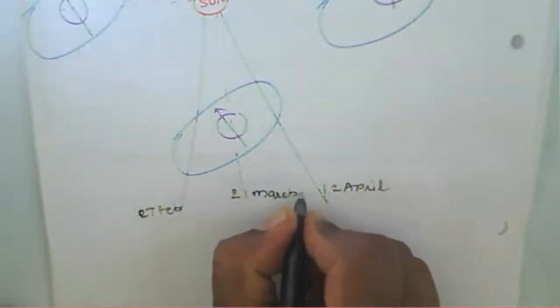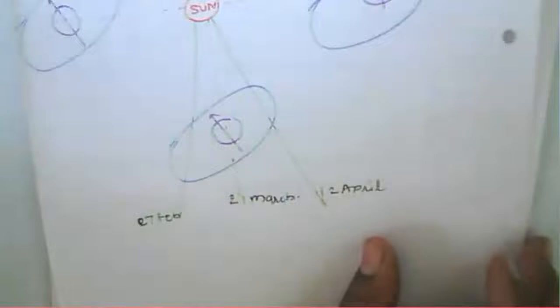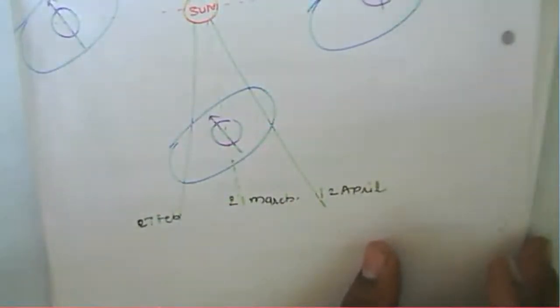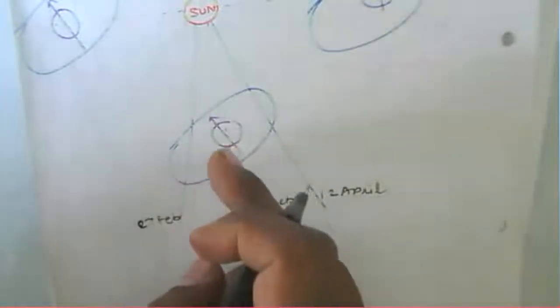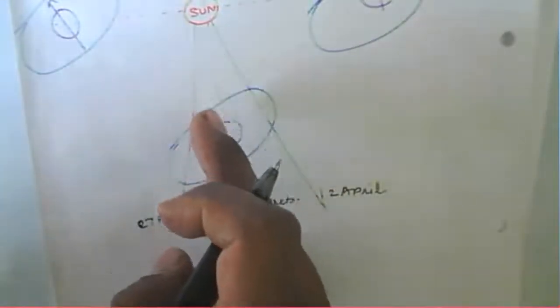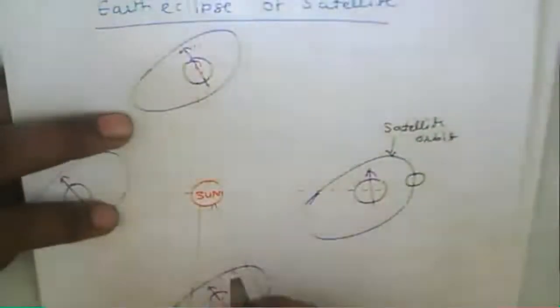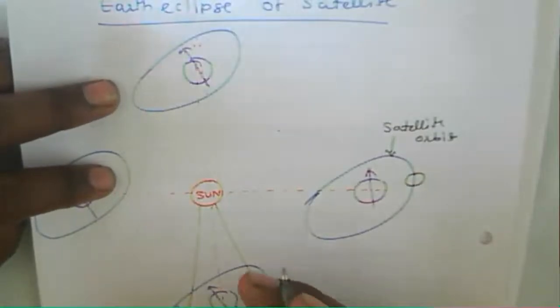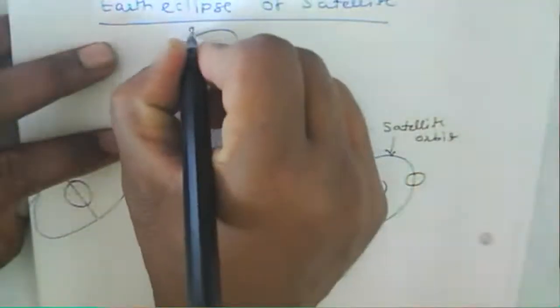Now a point here is on the 21st of March, when the equinox occurs. On this axis, the satellite axis and the Earth axis will all become the same, and there will be maximum eclipse. So that is the equinox.